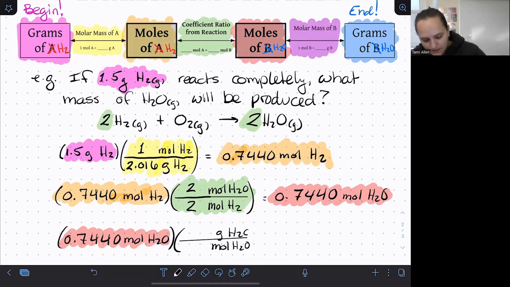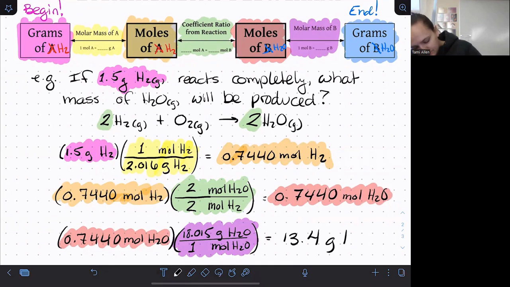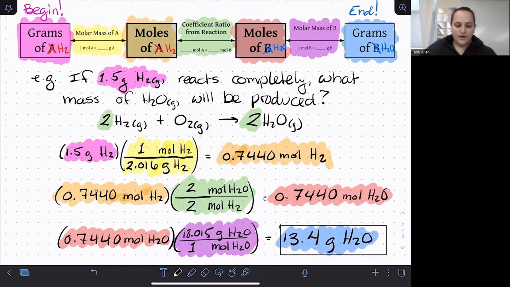New unit that we want to end up in is grams of water, so that goes on the top. Our molar mass tells us that 1 mole of water is equivalent to 18.015 grams. And that gets us to our final answer of 13.4 grams of water is produced when 1.5 grams of hydrogen reacts completely.